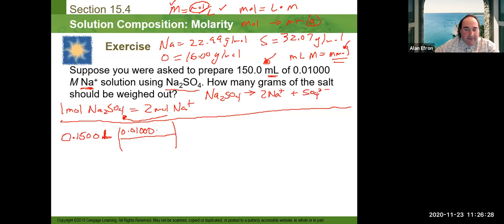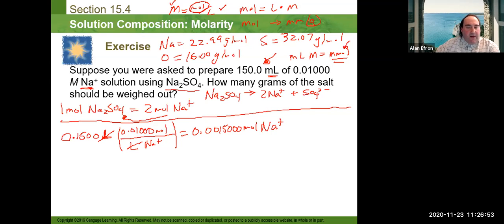Moles per liter of our sodium ions. If we multiply this, the liters of sodium ions will cancel out, and we end up with 0.15 times 0.01, which is 0.0015 moles of sodium ions.